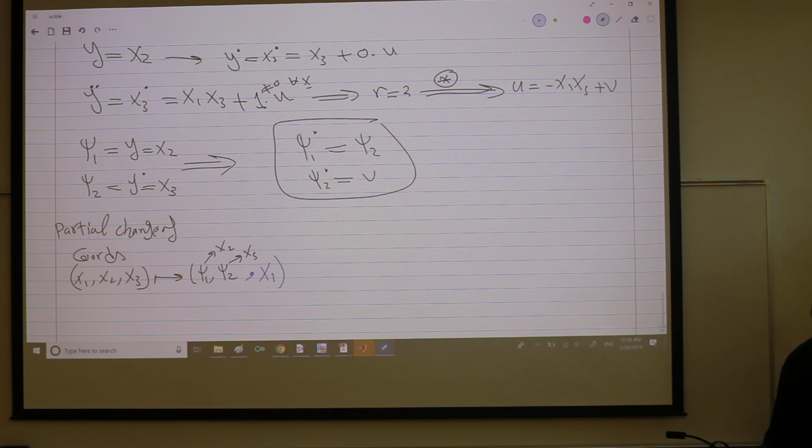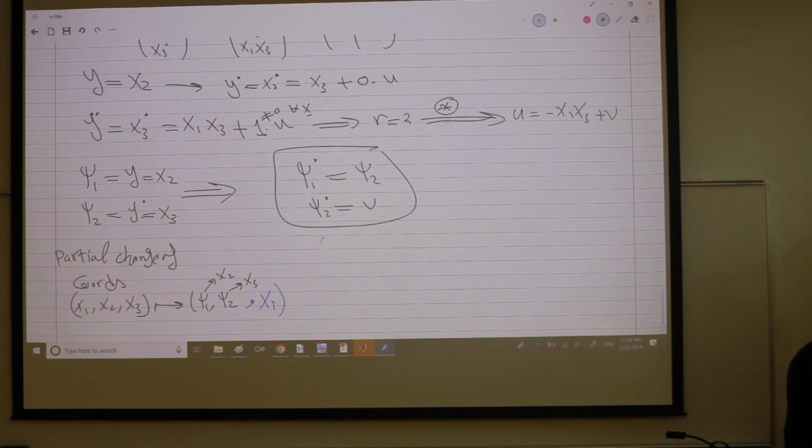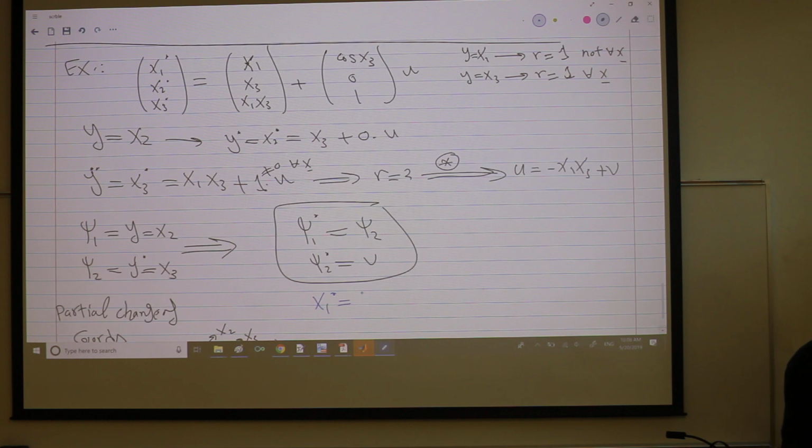So here is the x1 dynamics. I'll just write it again. This is x1 dot equals x1 plus cosine x3 times u. Actually, x3 in my new language is psi2. And u, from the feedback law, is negative x1 x3 plus v.